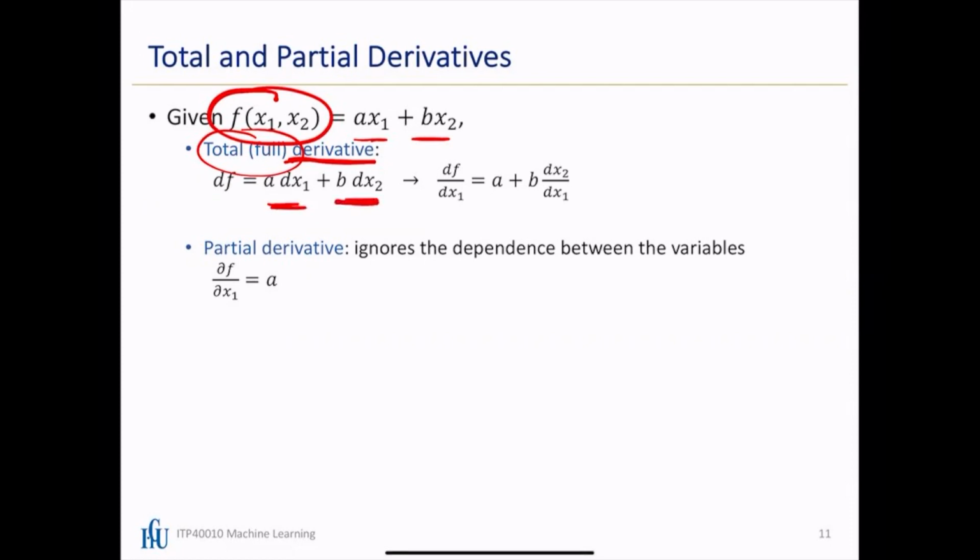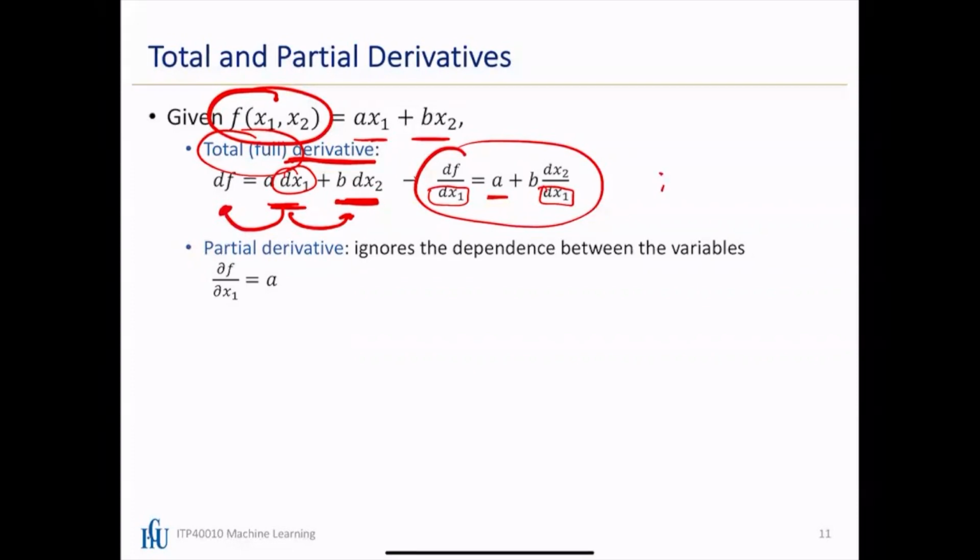And eventually you are basically dividing the equation by dx1. So df over dx1, dx2 over dx1. And well, this is just a constant. So you are taking the derivative on all different unknowns.